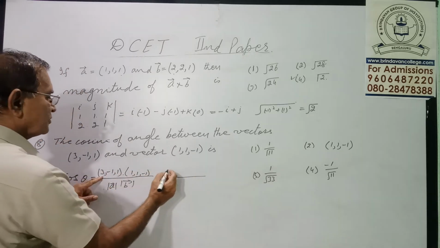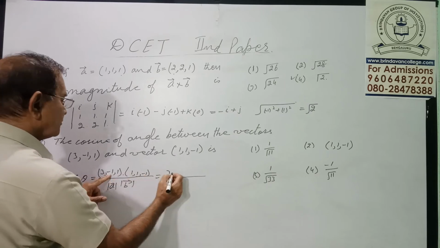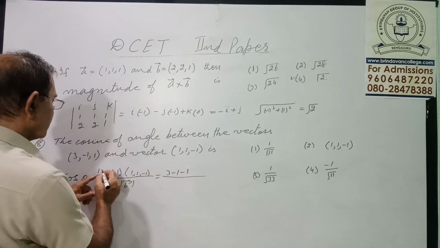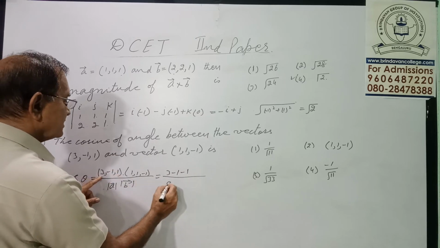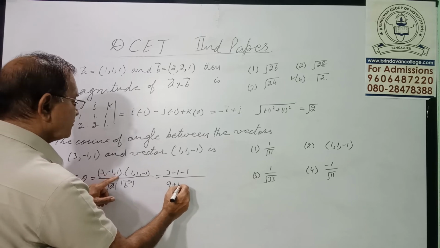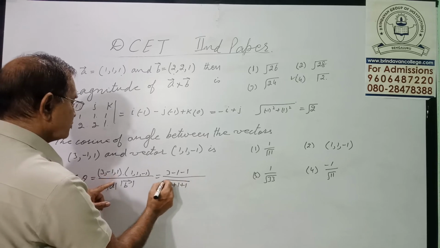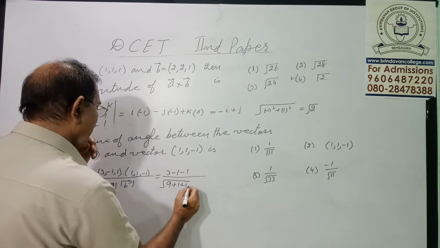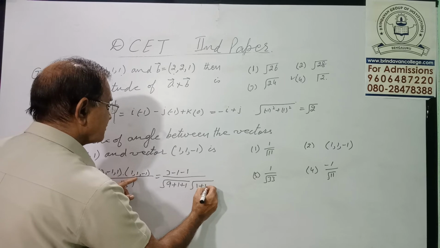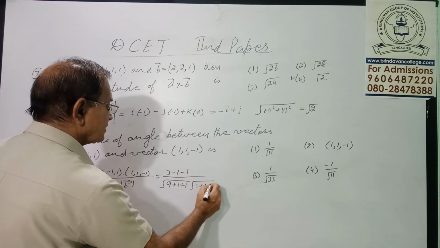See, 3 into 1 is 3, minus 1 into 1 is minus 1, 1 into minus 1 is minus 1, over A mod, that is 3 3 are 3 square 9, minus 1 square is 1, 1 square is 1, a root. Then B, a root of 1 square 1 plus 1 square 1 plus minus 1 square 1.